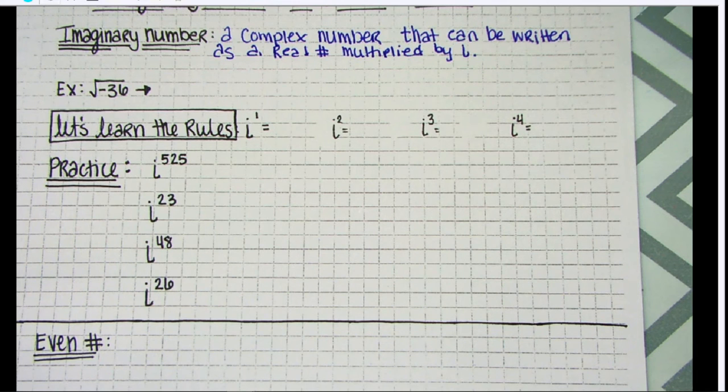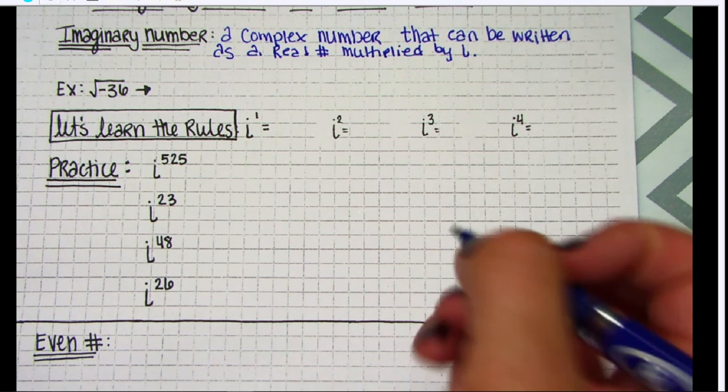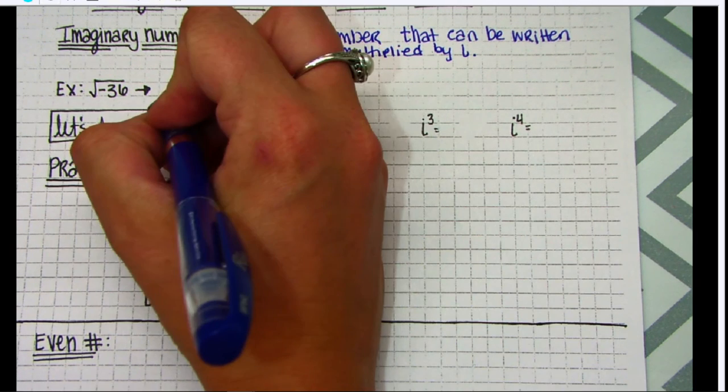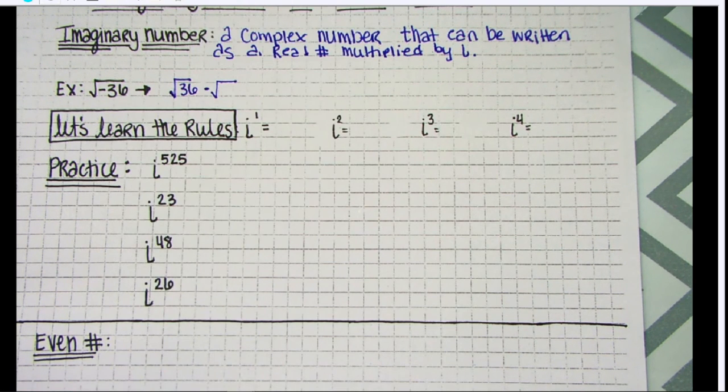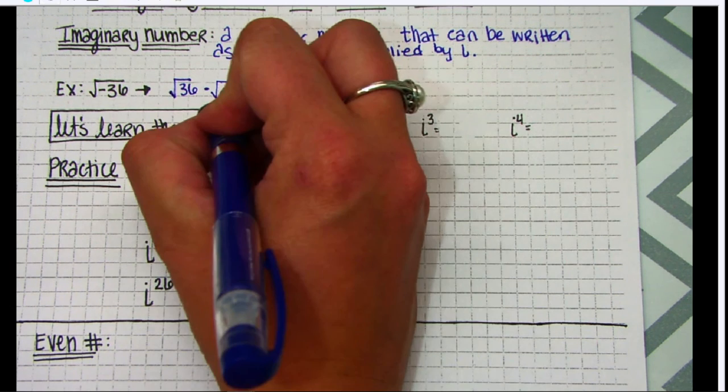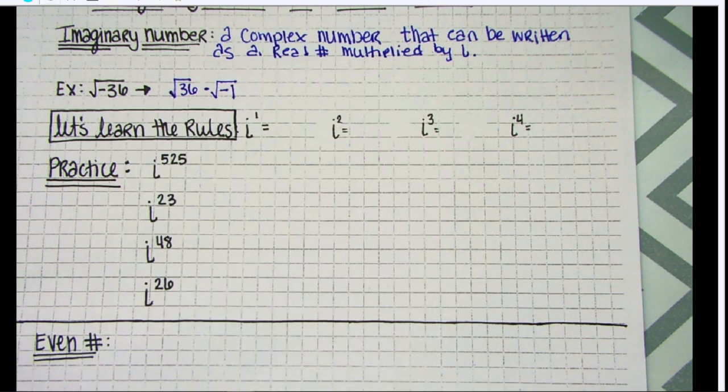Okay? So what is the square root of negative 36? 6i. How do we know it? How do you break up the square root of negative 36? I've got the square root of 36 times the square root of negative 1.